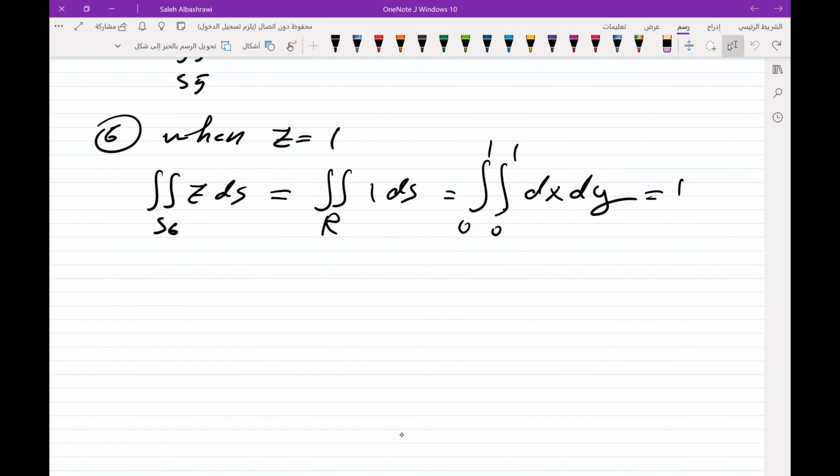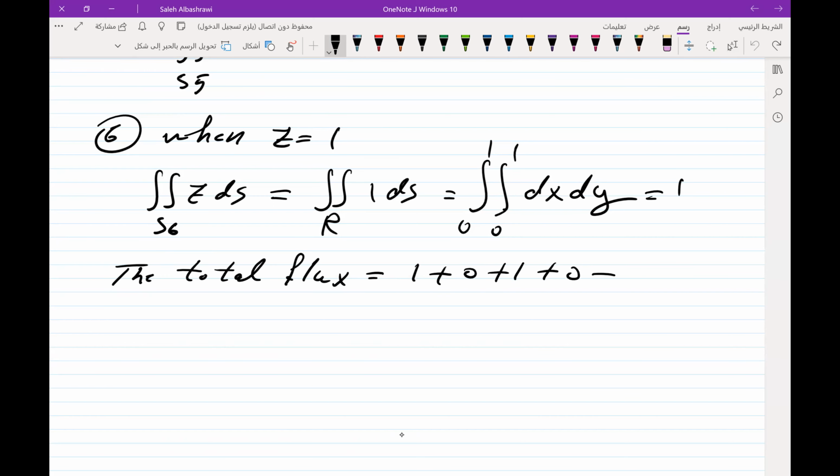So the total flux will be, for each one of these faces, 1 and 0: 1 plus 0 plus 1 plus 0 plus 1 plus 0, and the total flux will be equal to 3.